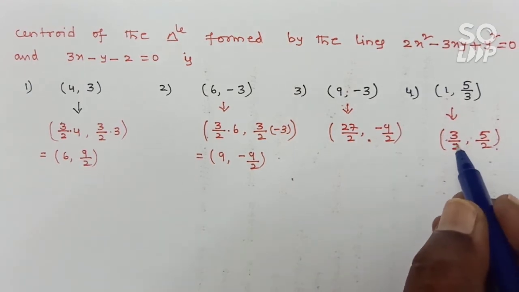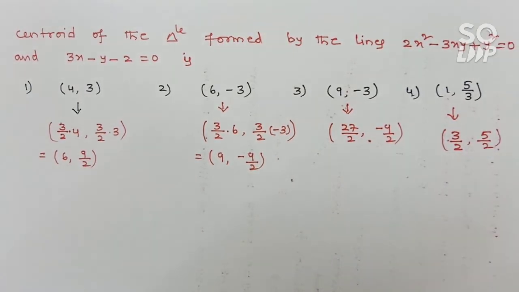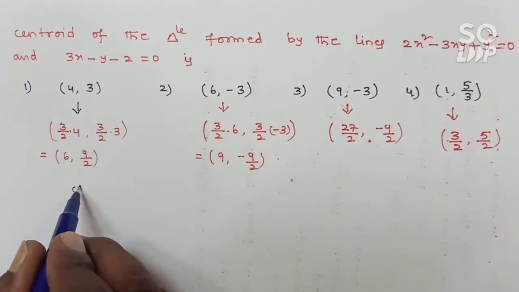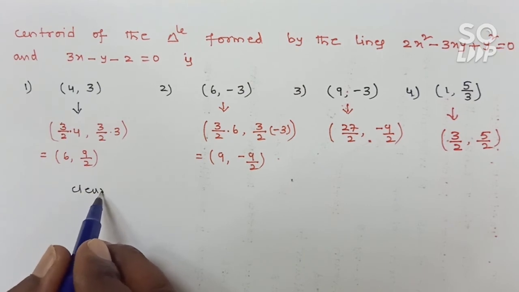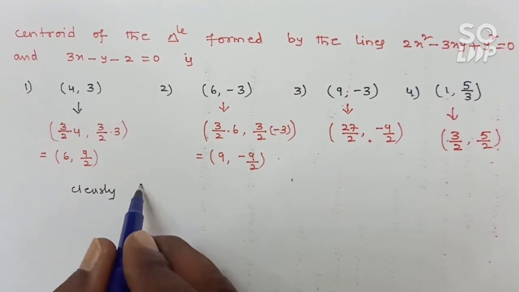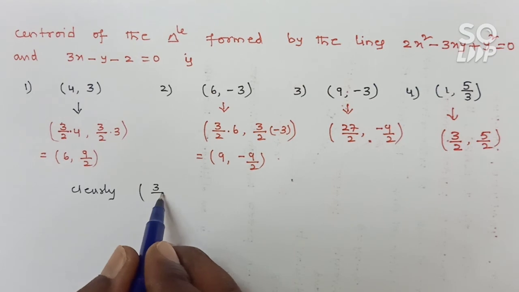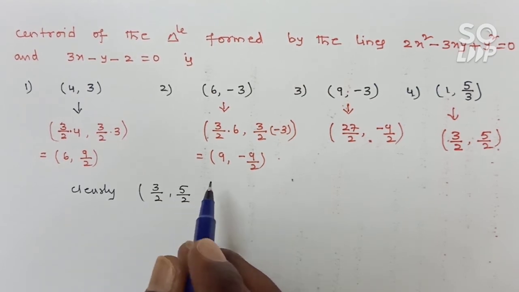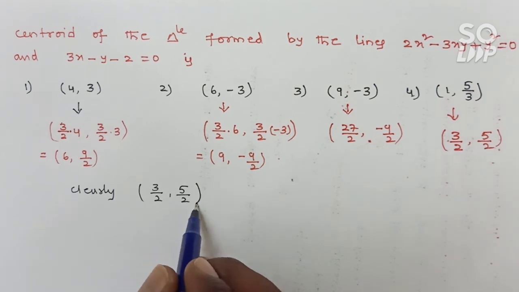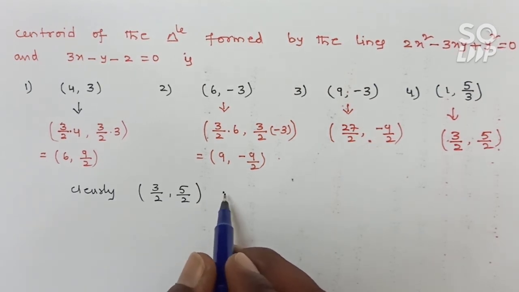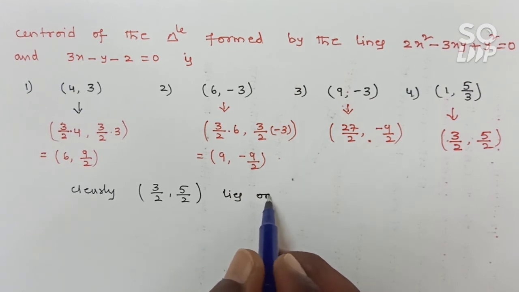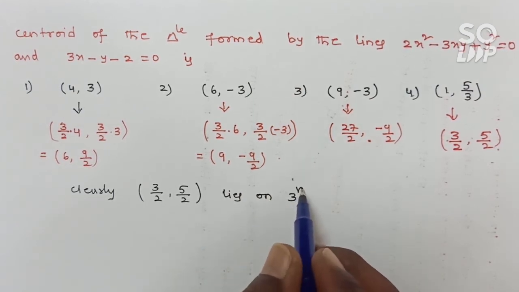So clearly (3/2, 5/2) satisfies this line equation. Clearly (3/2, 5/2) lies on the third side.